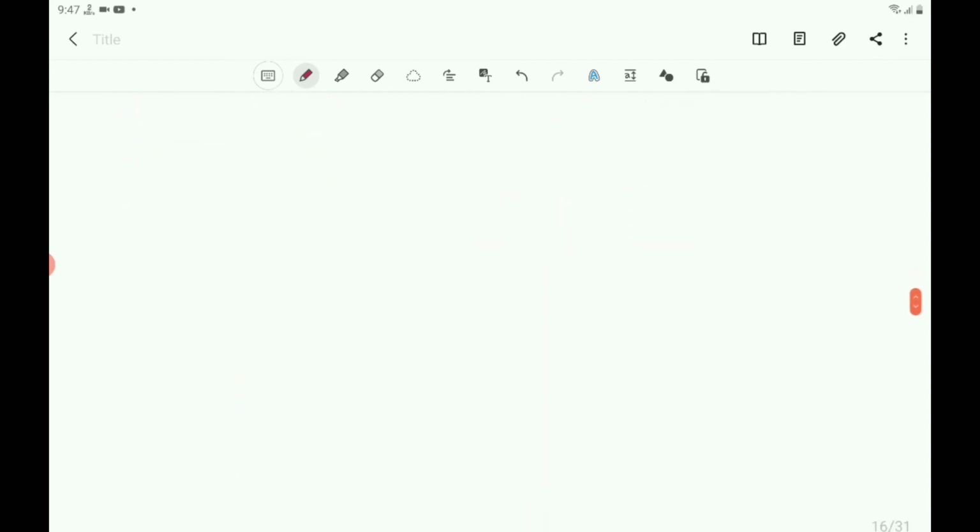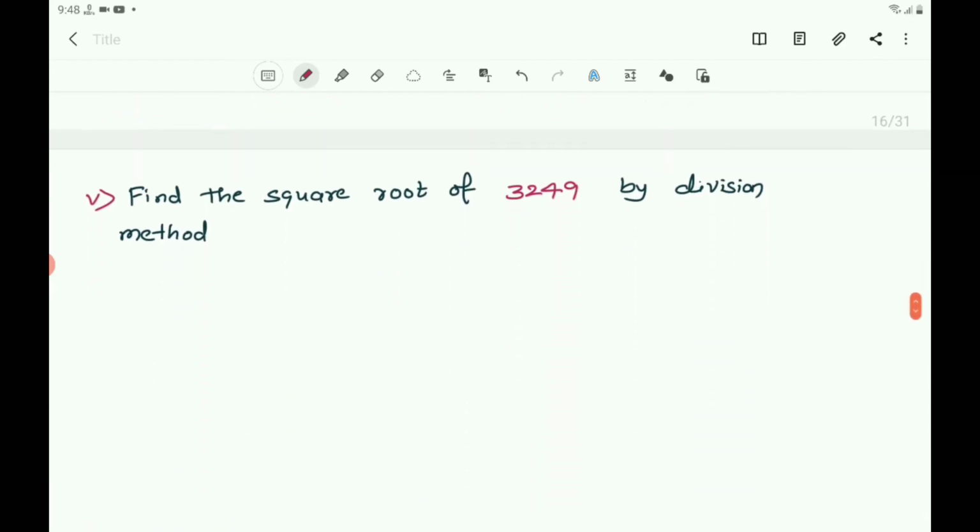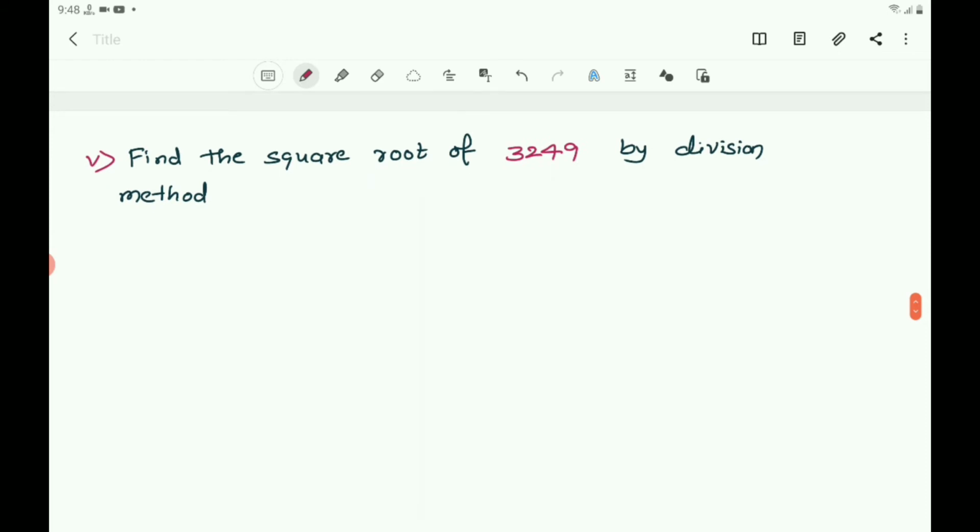Next one. Fifth one. Find the square root of 3249 by division method. This number also has 4 digits, so you can have 2 bars of 2 digits, and its square root has 2 digits only.